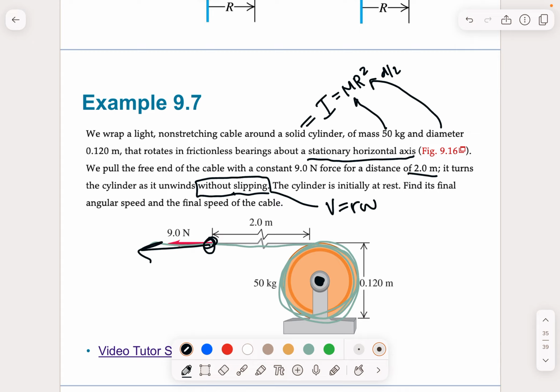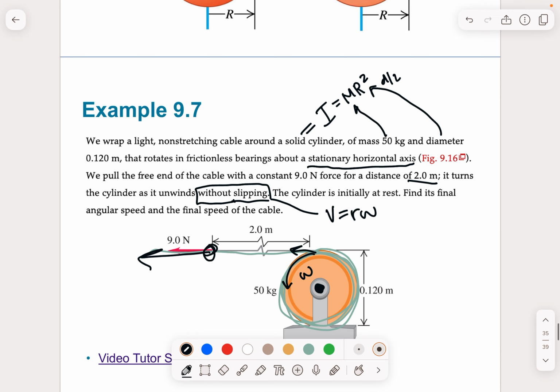For every omega, I know that's not the vector omega, but just the illustration for omega, you have a V that's equal to R omega. Do you see what I mean? It's not slipping around. You're not suddenly getting a rotation and a huge jump in loose rope.